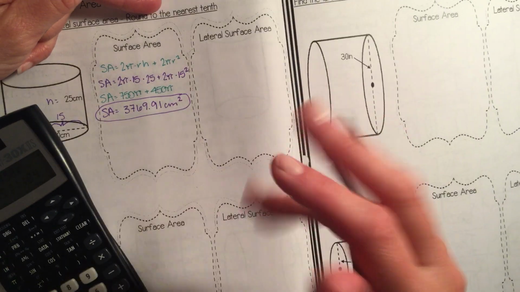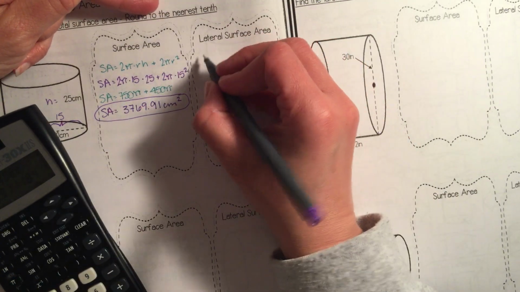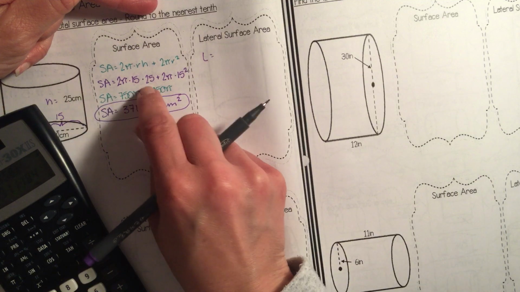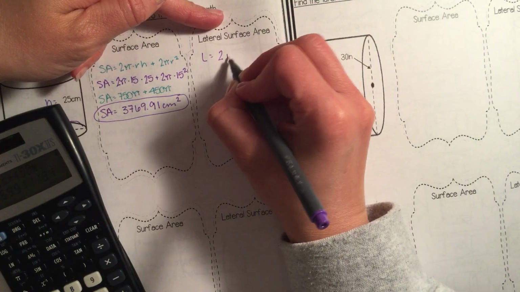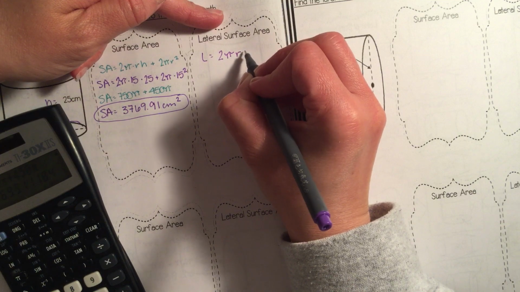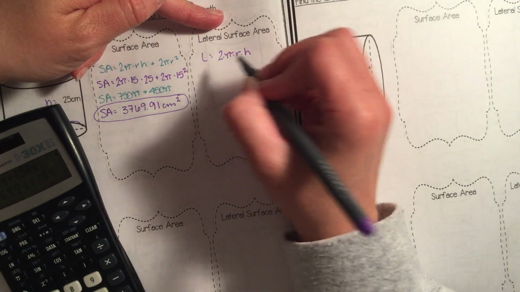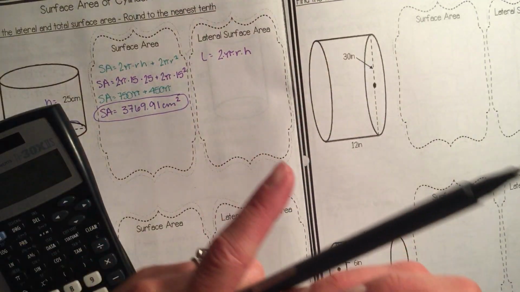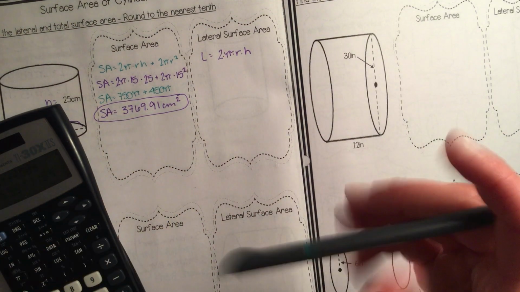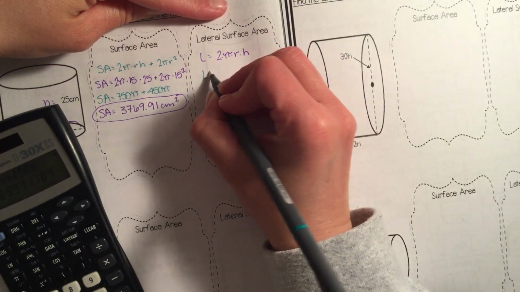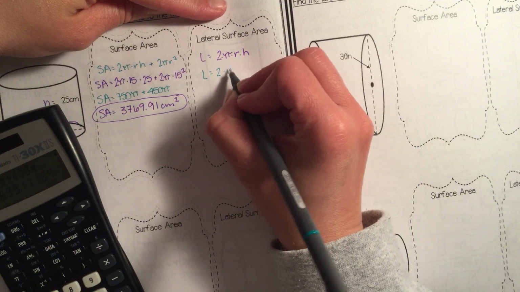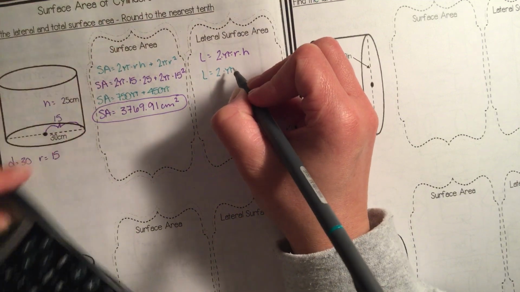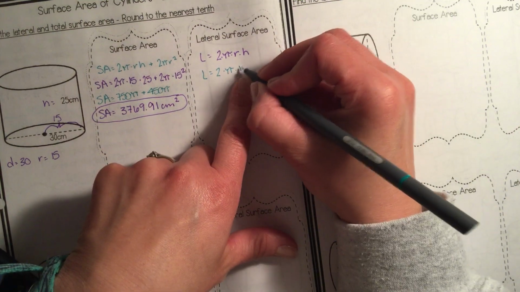Okay, so the lateral surface area is just this first part of the equation. So 2 pi r times h. Remember, when numbers and letters are written next to each other, that means multiplication. So the lateral surface area is 2 times pi. My radius is 15.